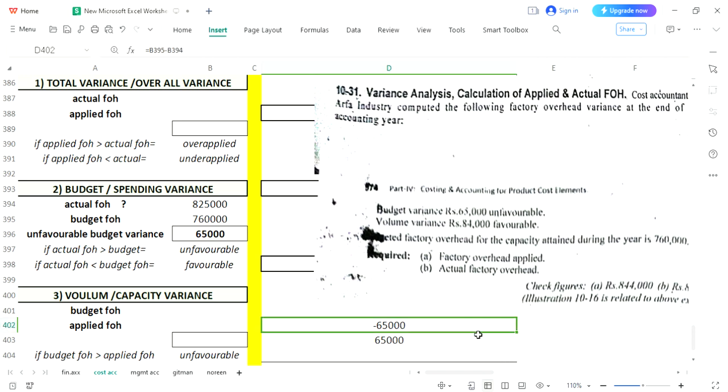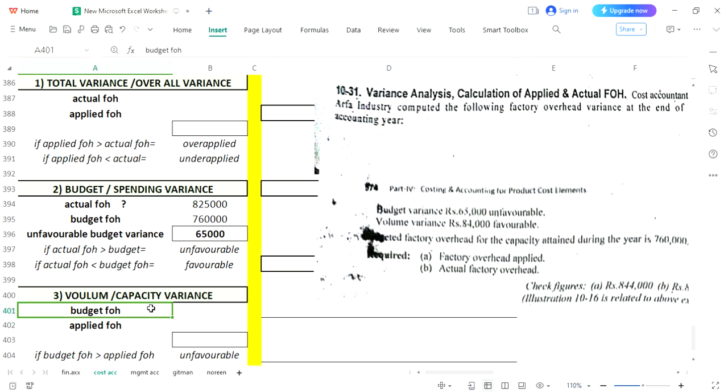Now we will be calculating our second requirement, and that is FH applied. Budget FH is given, and since you know actual and applied are present over here, and actual was not present in your question, you can use this budget and applied formula. Volume variance is given. Please try to understand, there were three variances: total, budget and volume.